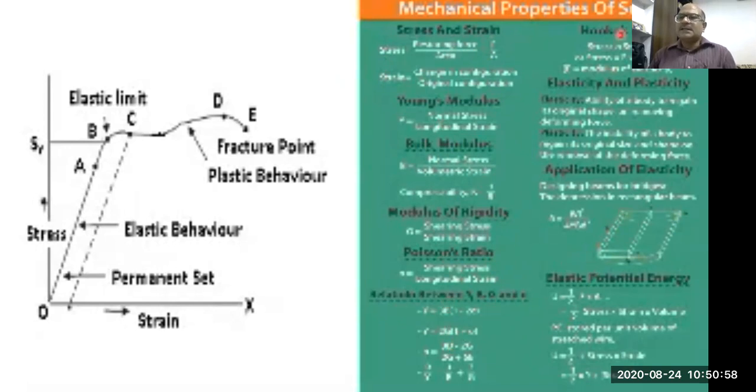But this Hooke's law, again, is the explanation, and elasticity and plasticity we can explain, and the applications of elasticity also. So kindly go through all these factors, and I hope you can understand, but in case of any problem you can discuss.